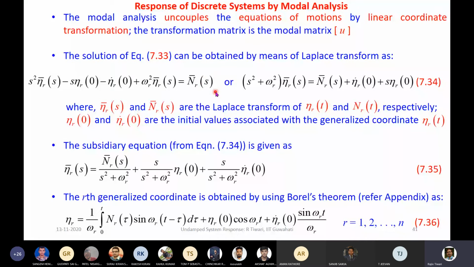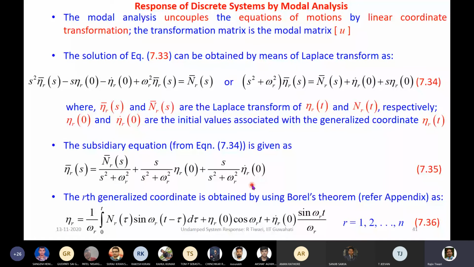So this is in the Laplace domain. Now we can combine the similar terms, and bring the initial condition terms to the right side to get this expression. Now the response is this. If we divide by this quantity, we get the response like this.